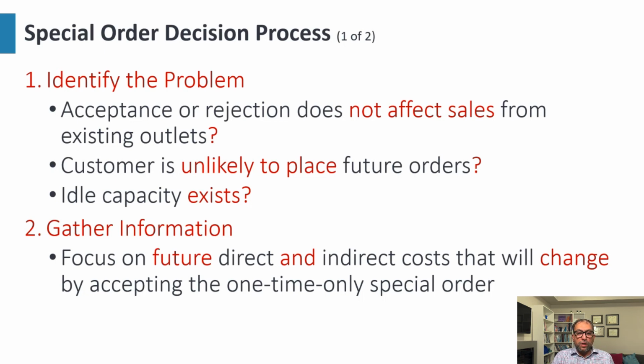The customer is unlikely to place future orders, and idle capacity exists, meaning that we have capacity that we can use to fulfill that order. In that case, how can we charge for it, and whether we accept or reject? So first, we have to gather information.